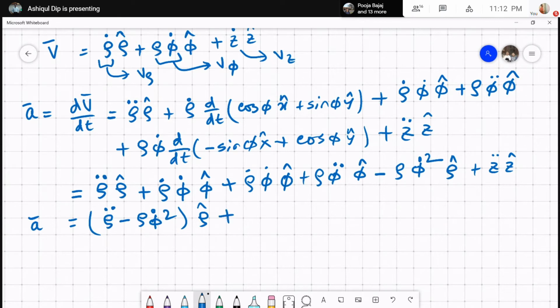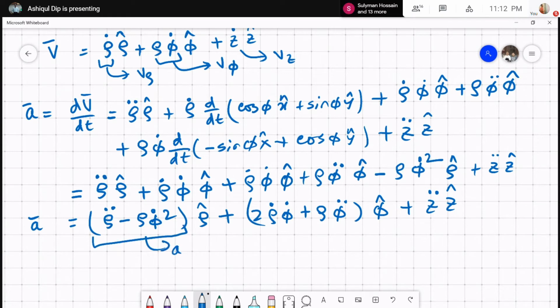Plus 2 rho dot phi dot plus rho phi double dot, times phi hat, plus z double dot z hat. You can call the first part your a rho, the next part your a phi, and the last part a z.